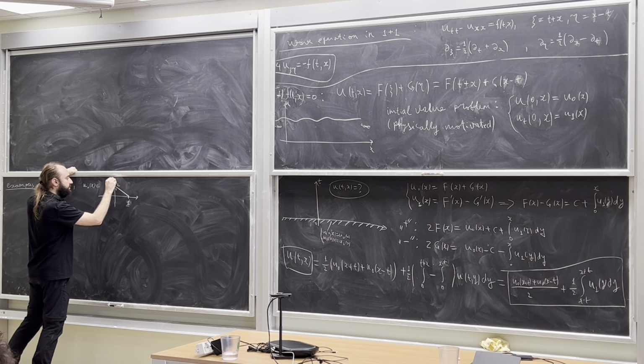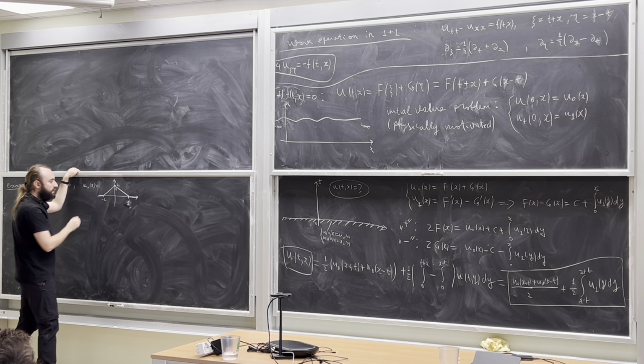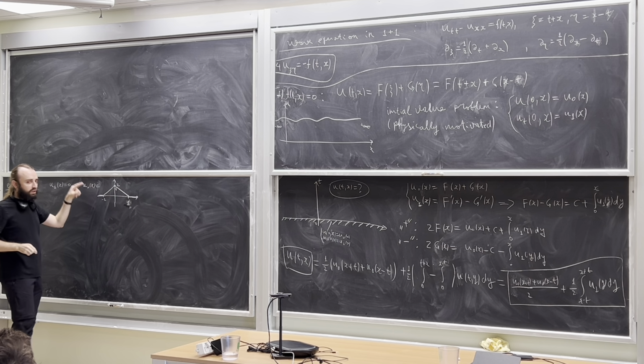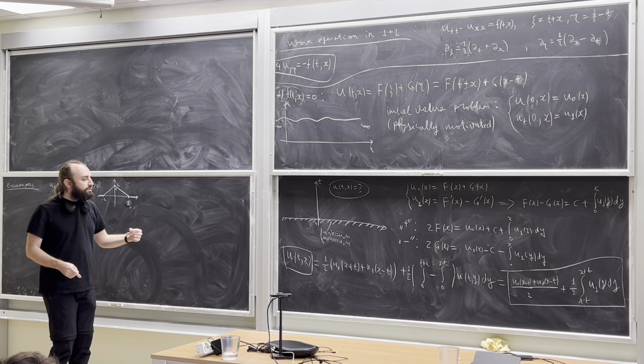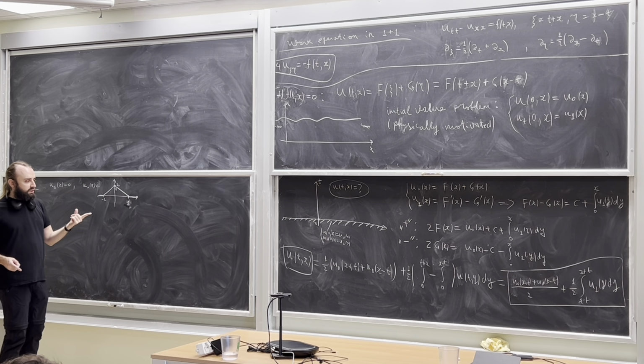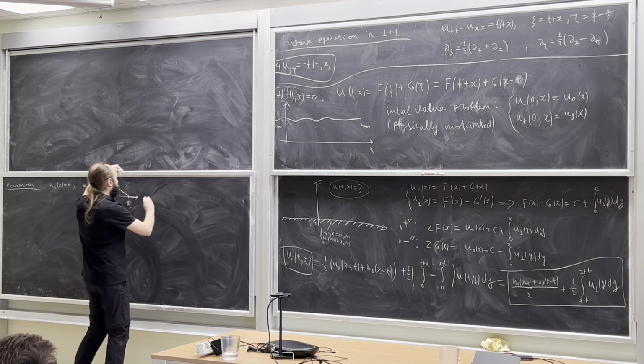So in the initial condition, it is some string that has this shape. So if you apply this formula, then the second term simply is not there. But the first term is an average between two functions, shifted by t in the positive direction and shifted by t in the negative direction. So it can be drawn in the following way.